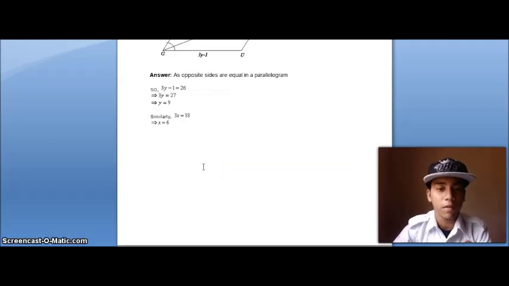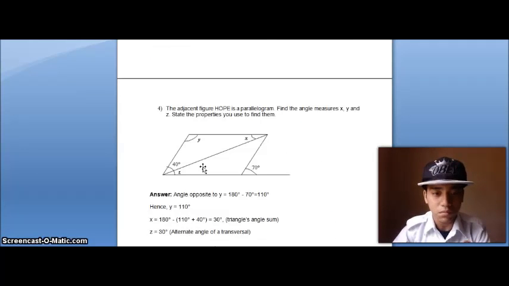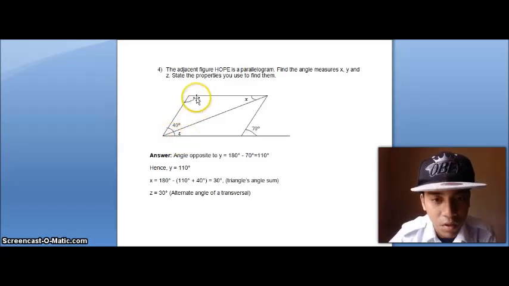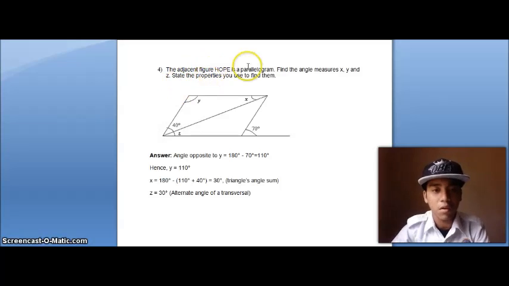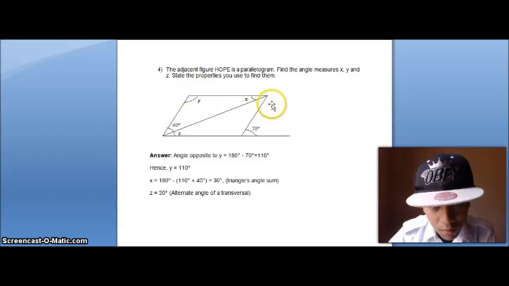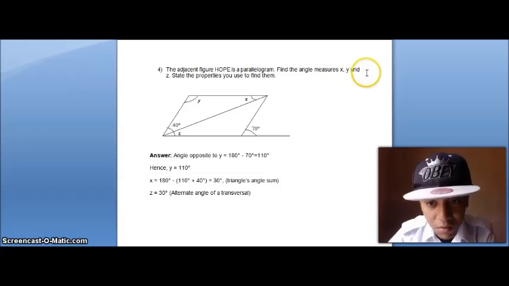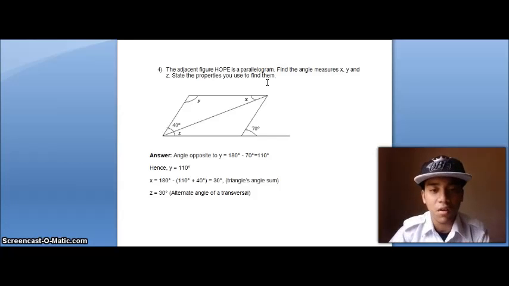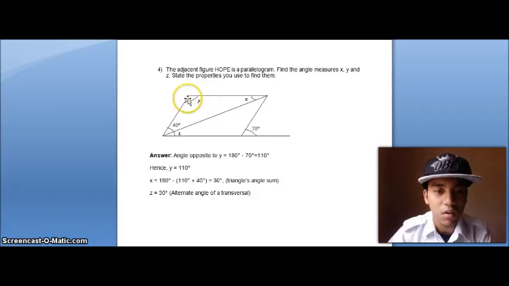The adjacent figure, oh sorry, there is no HOPA, is a parallelogram. So from here it is a parallelogram, right? Find the angle measures x, y, and z. State the properties you use to find them. Oh sorry, I have not mentioned it earlier. For the opposite, y is the opposite of 70 degrees, which is 180 degrees minus 70 degrees. Here we get y equals 110 degrees.